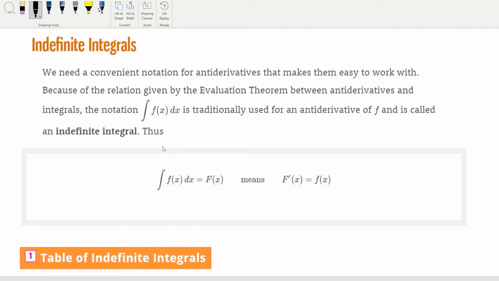So instead of getting a specific area and number here, I'm instead going to just see if I can find a formula that lets me later plug in an a and b. And so what you do here is just find the antiderivative. That's all this says. If you see this, it just says to you, find the antiderivative.